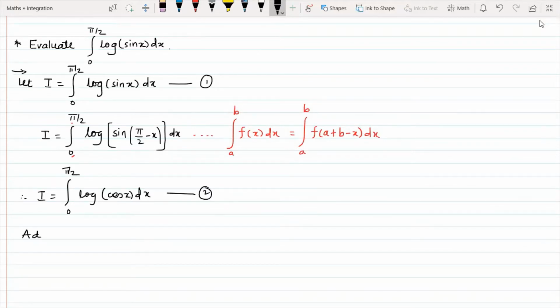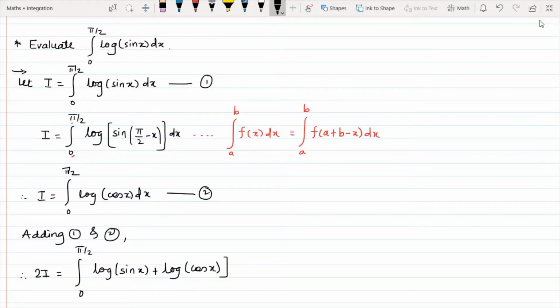In the next step, I am adding equations 1 and 2. So what I can write on the left hand side is 2I, and on the right hand side is the integral from 0 to pi by 2 of log of sin x plus log of cos x dx. Now what to do next?